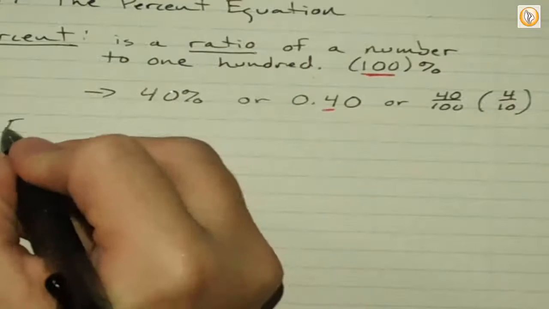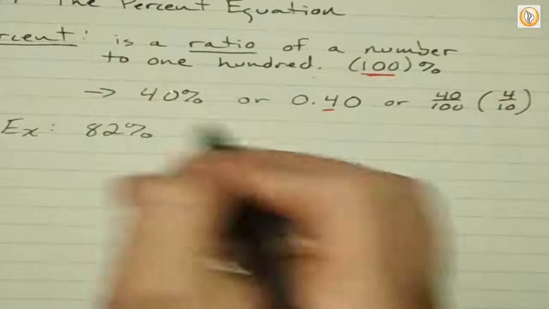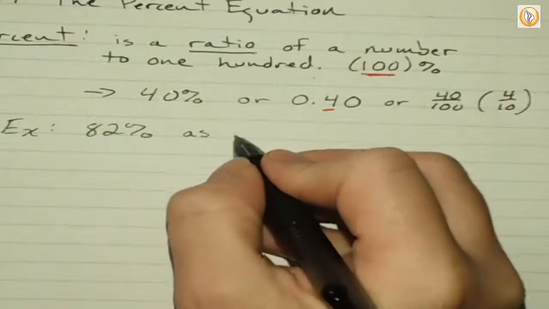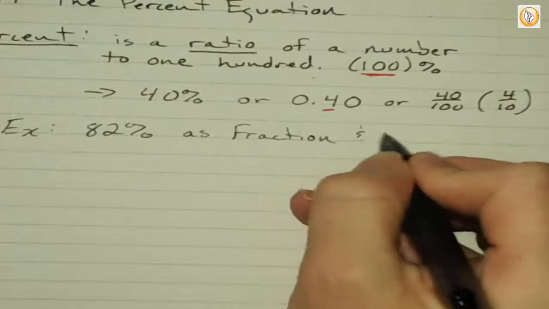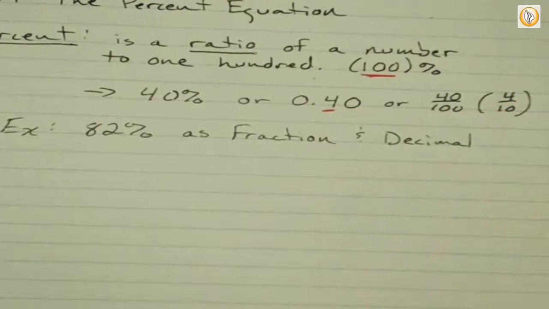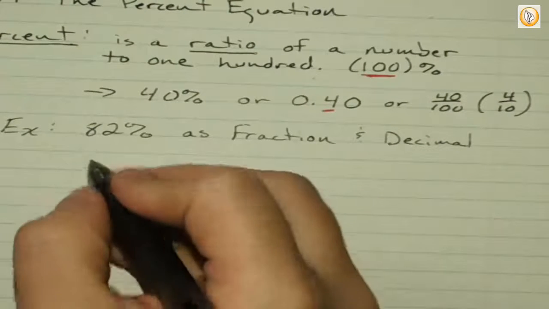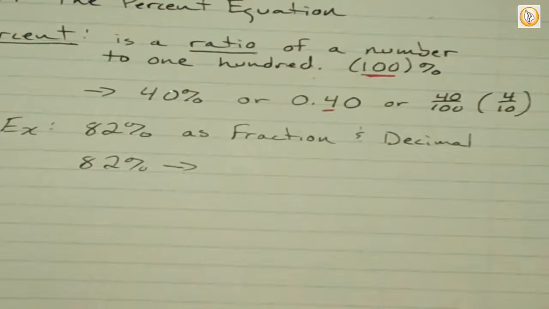Okay, let's do an example because y'all know this stuff. 82% as a fraction and decimal. Okay, so first let's do the fraction.